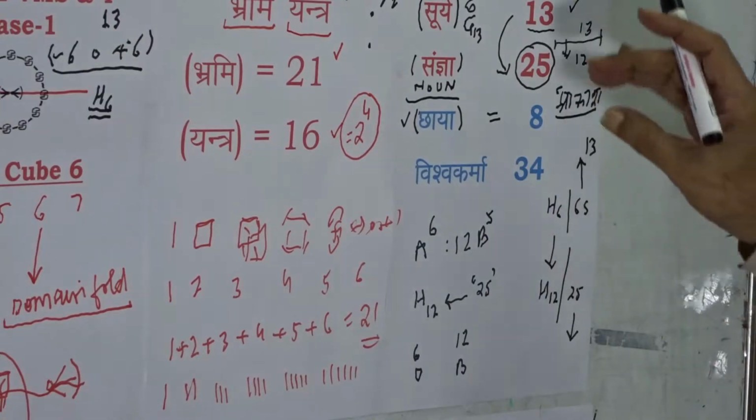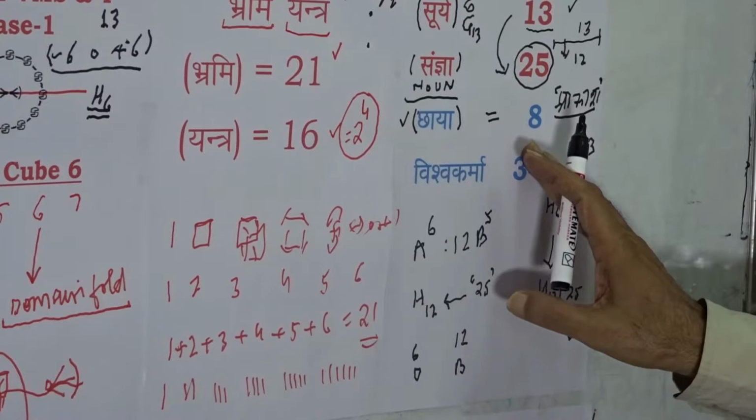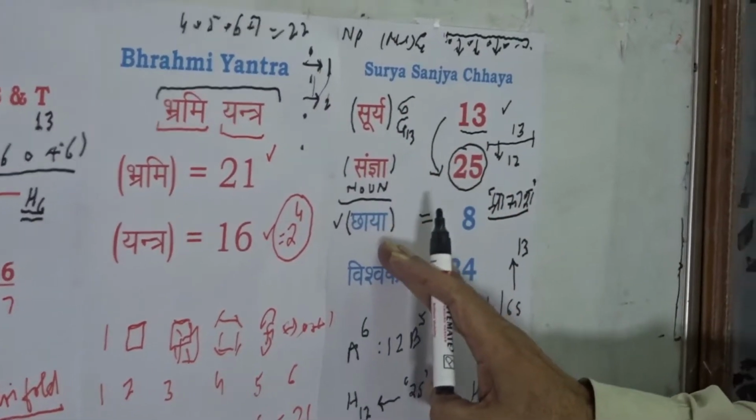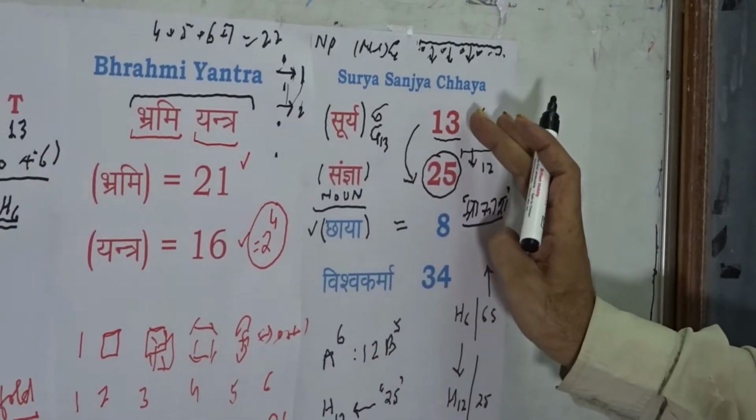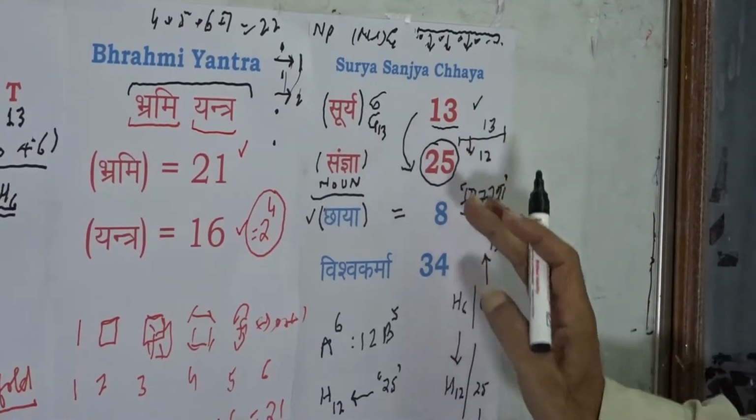Therefore, Surya in a space makes it value 13 plus 8 is equal to 21.